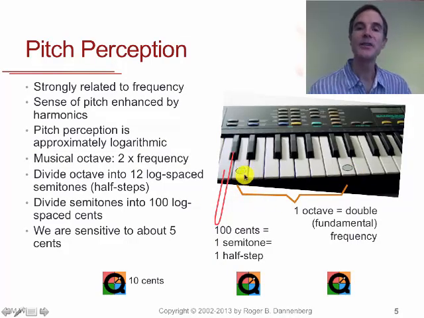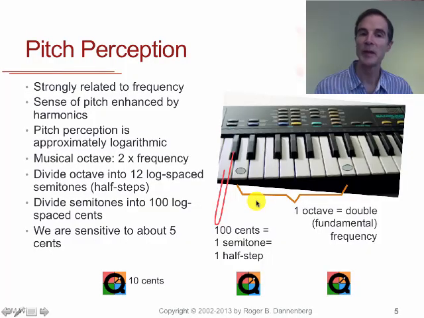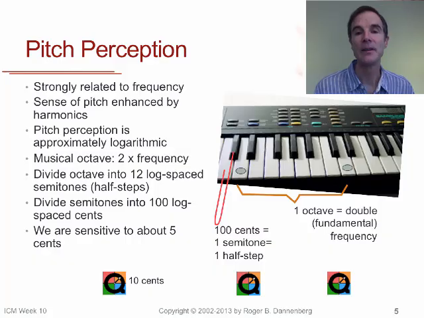If we take each semitone and we divide it into 100 logarithmically spaced pitch intervals or frequency intervals, those are called cents. And often cents are used in the measurement of perception and studies about intonation.